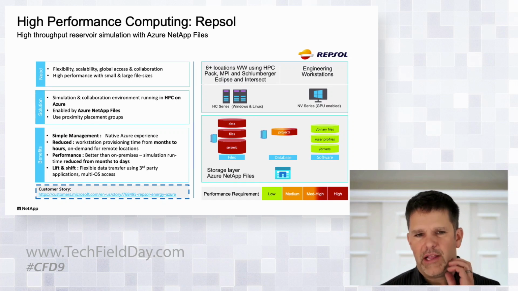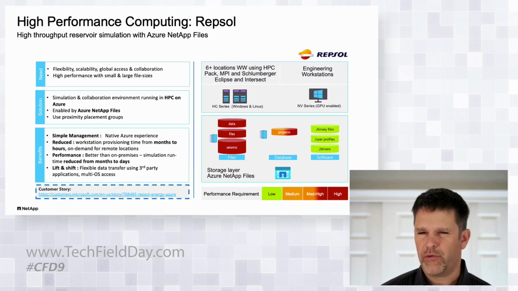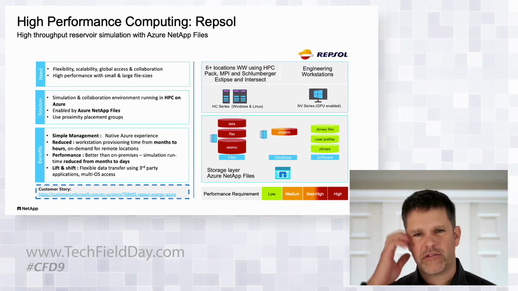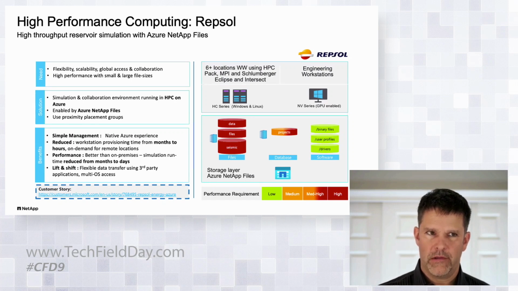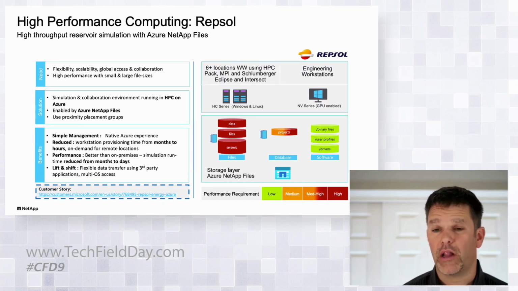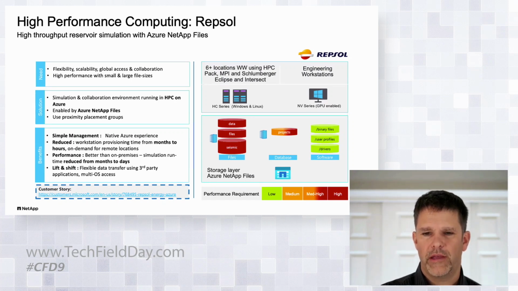One thing I wanted to highlight here, and I'm just going to breeze through this one, is a high performance computing environment. Again, not really an enterprise application, but our customer Repsol, I actually just spoke to them right before we got on this discussion, they were migrating a lot of their information over for their very specific application, but it required a lot of throughput, a lot of data response time.